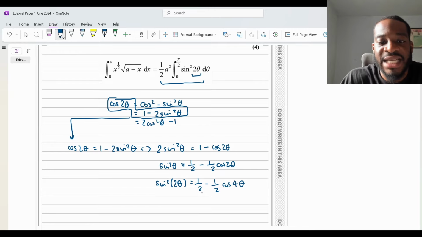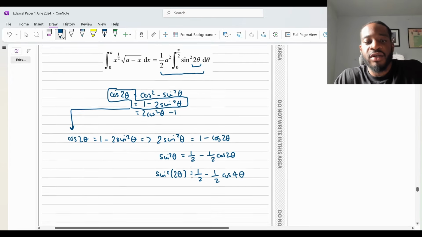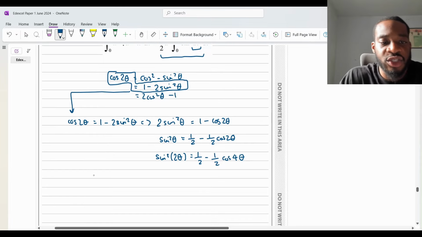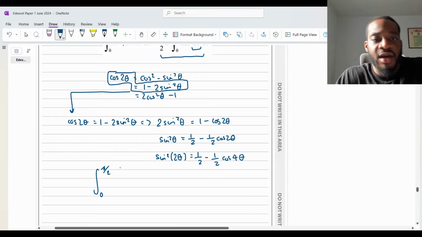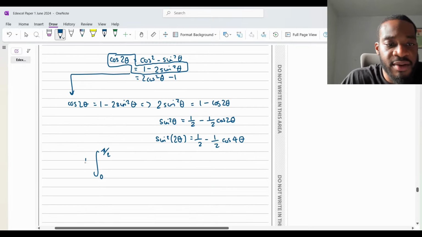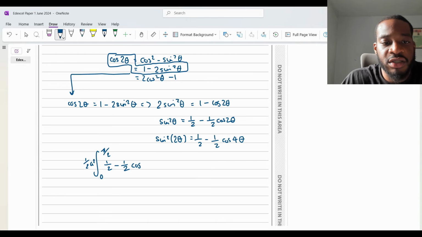So we can replace sine squared 2 theta with a half minus a half cos 4 theta. Therefore, we're integrating between 0 and pi over 2, and it was a half a squared on the outside, wasn't it? Yep, half a squared, then 1 half minus a half cos 4 theta d theta.